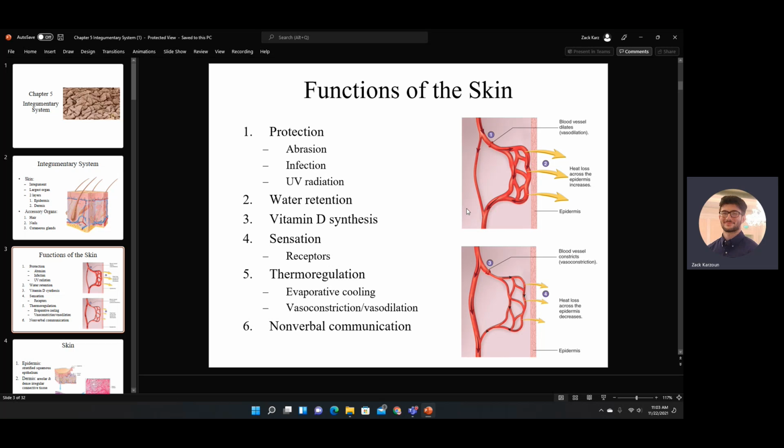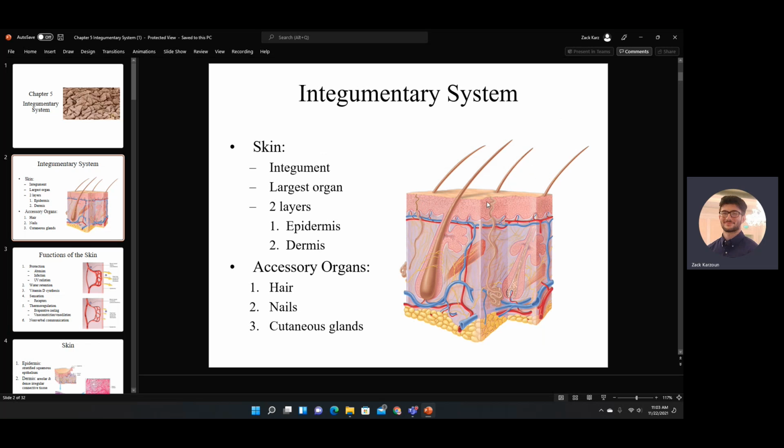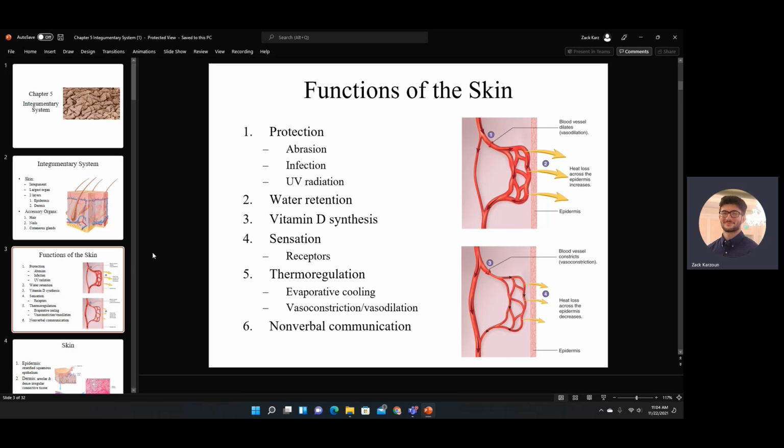When you get very, very cold, this muscle right here called the erector pili muscle will constrict, and it will make those hairs move in a perpendicular fashion, creating like a forest under your skin. And what that forest does is it traps heat, making it harder for the energy to escape, thus maintaining your temperature.